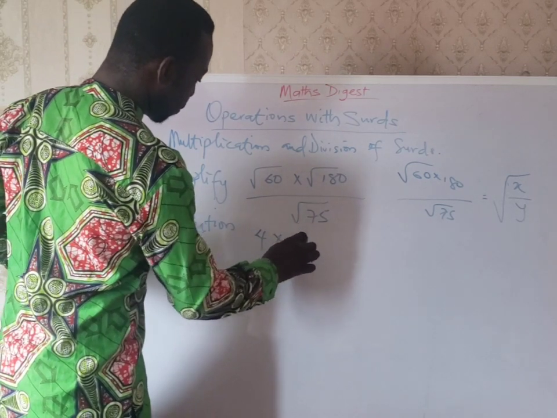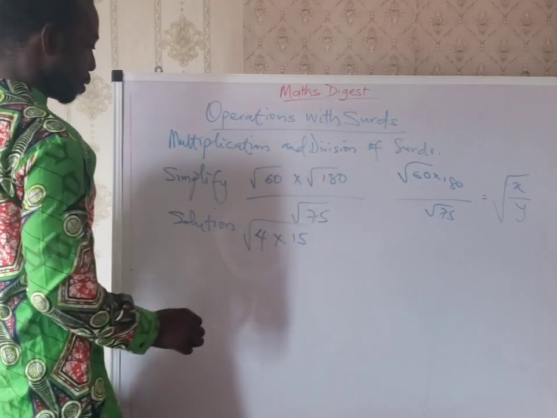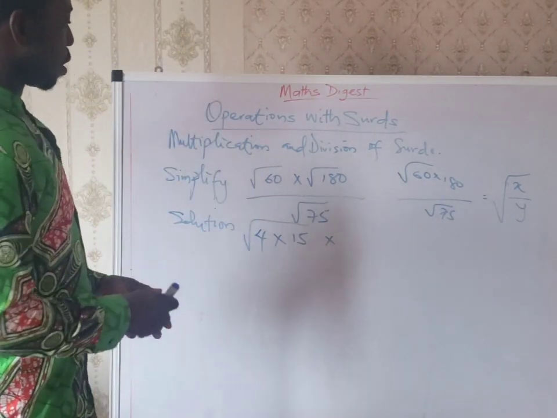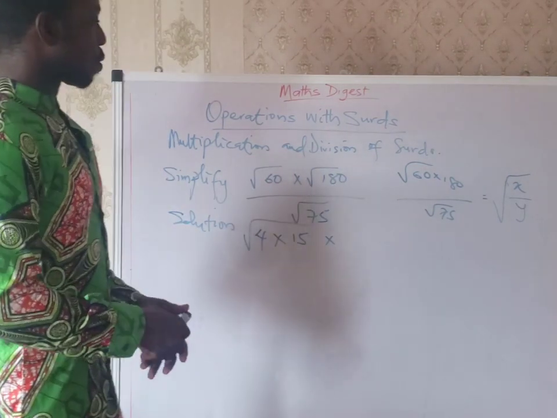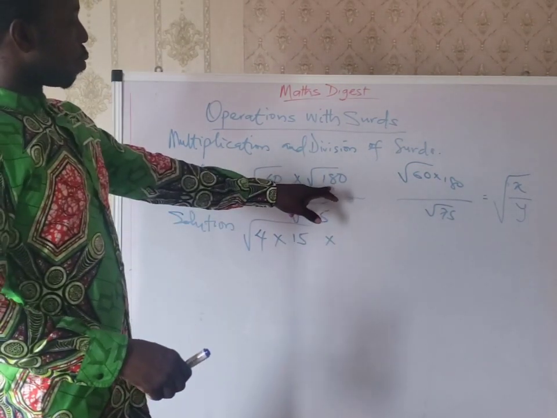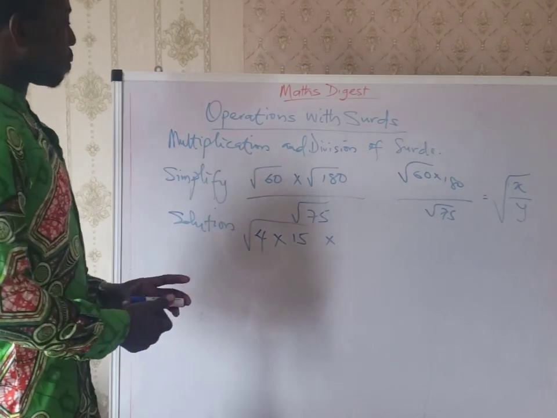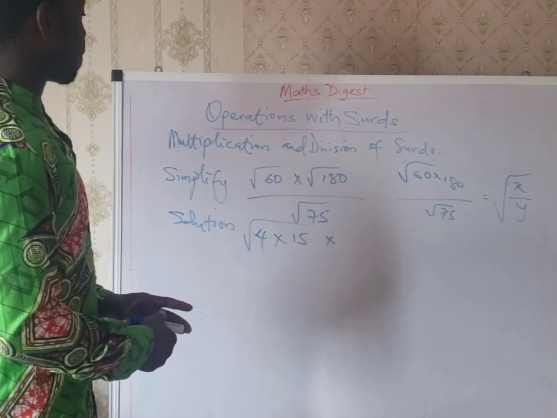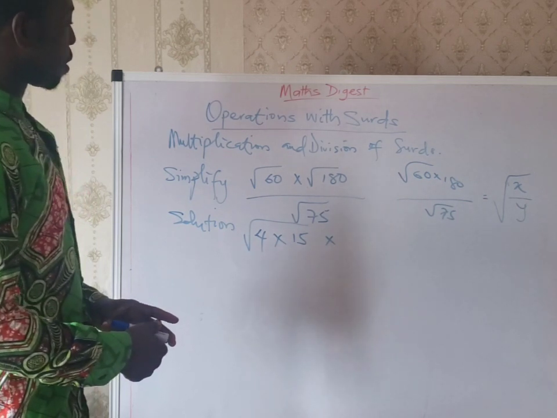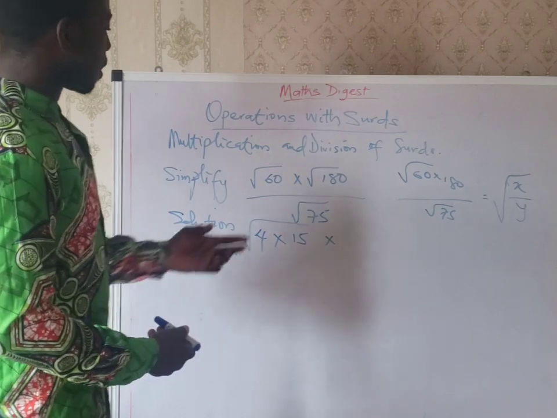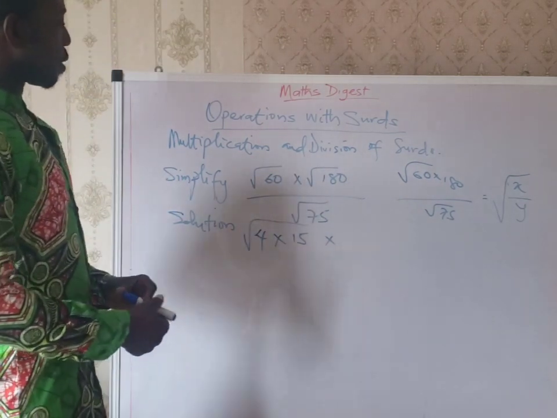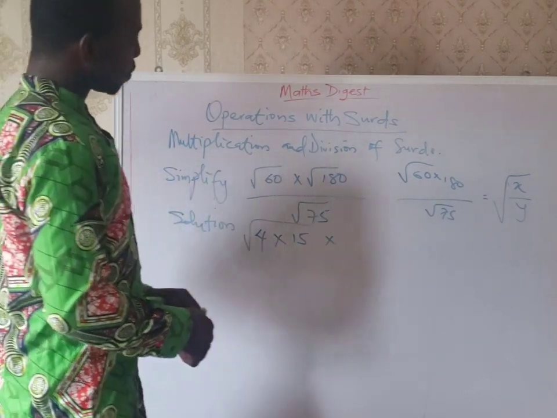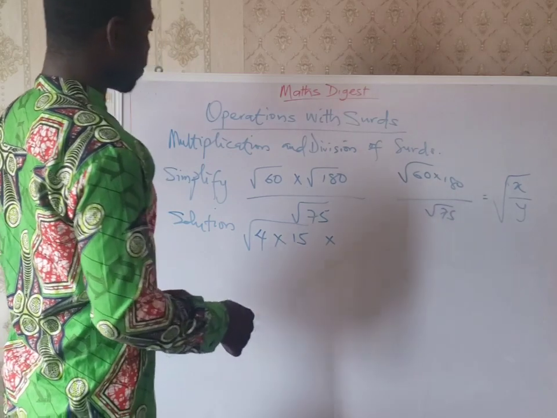So you have root of 4 times 15, times now 180. What perfect square can divide this 180? If you look at it, 36 can divide this, and if 36 divides this, we are going to have 5.